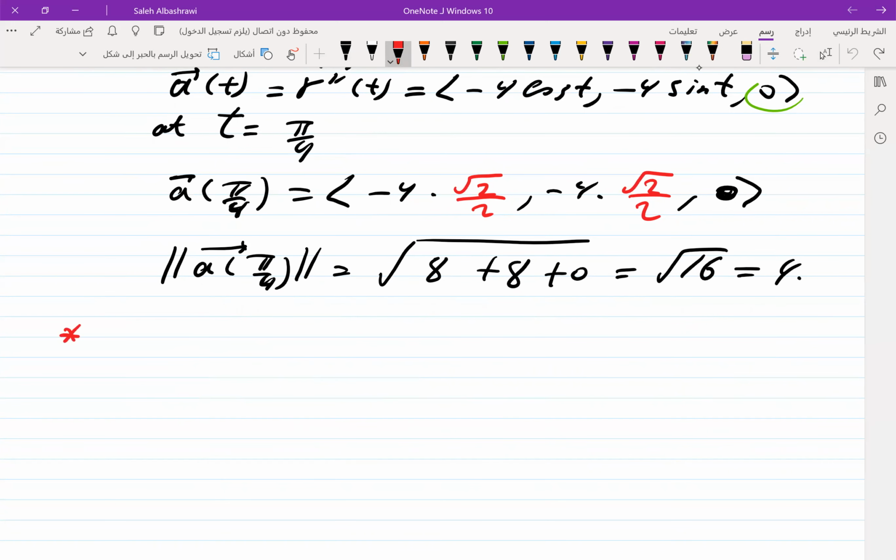Remark. A particle moves at a constant speed.